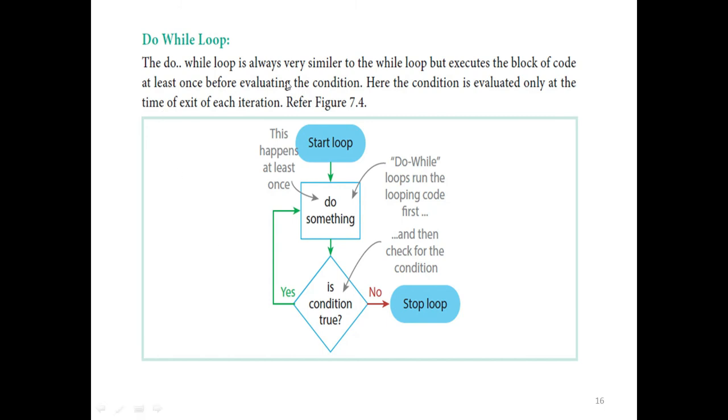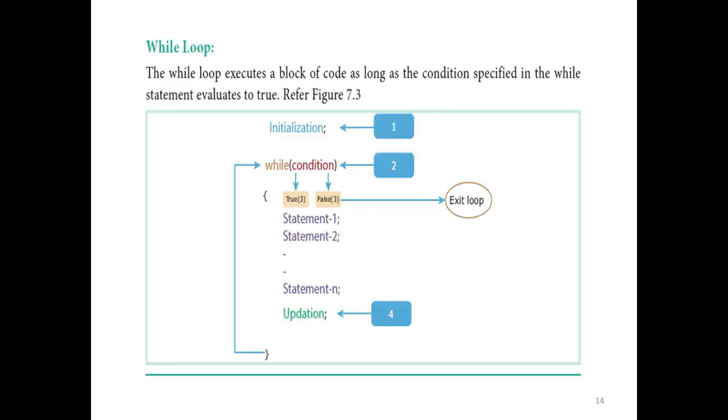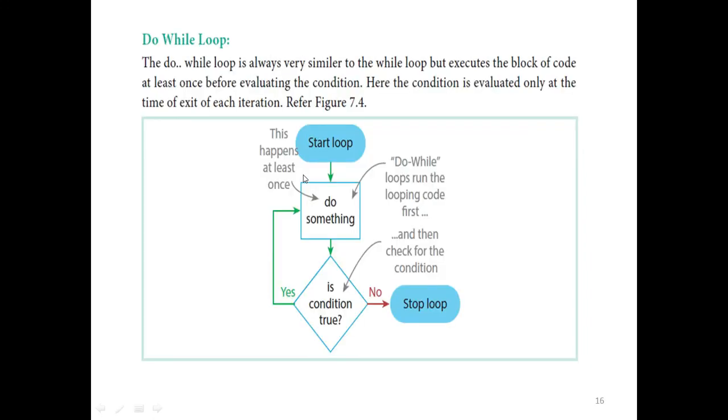So the condition is evaluated only at the time of exit of each iteration. This is the main difference between while and do while.